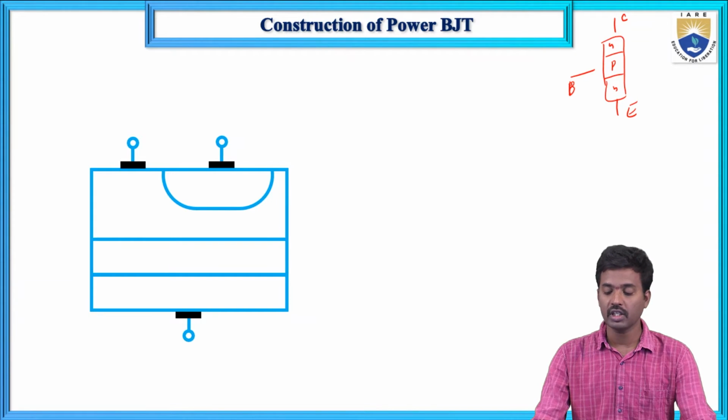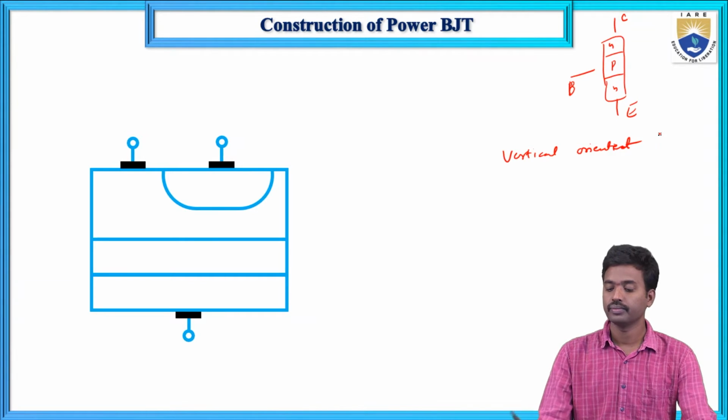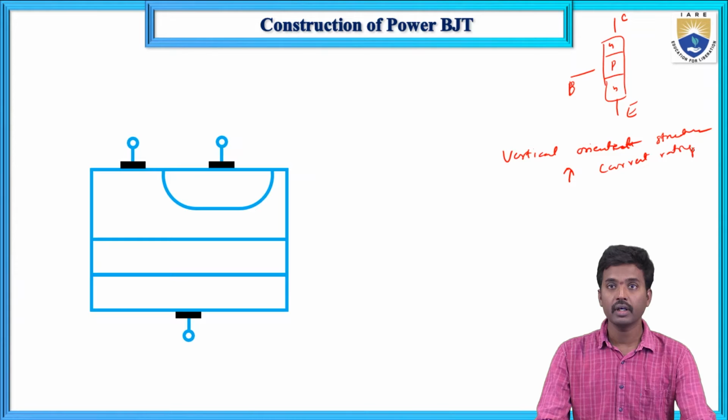The vertically oriented structure maximizes the cross-sectional area, and that increases the current rating. It is having 4 layers.